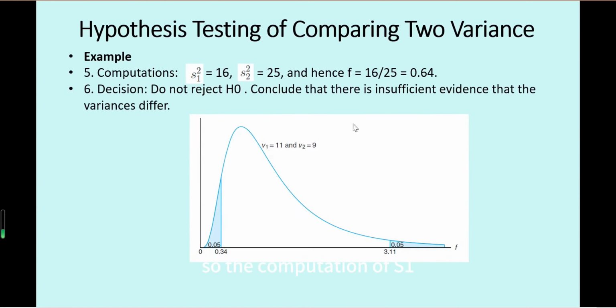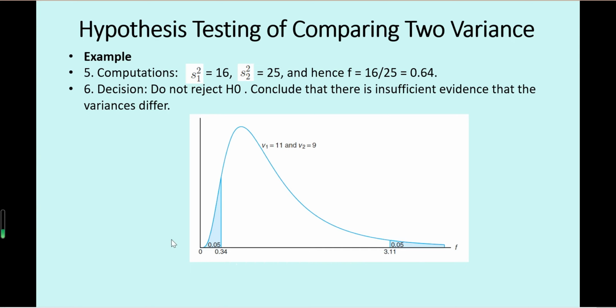The computation: S1 square is 16 and S2 square is 25. Then we get this ratio of 0.64. You can see 0.64 is in the white area, not in the blue area, right? This is F half alpha, and this is F 1 minus half alpha.